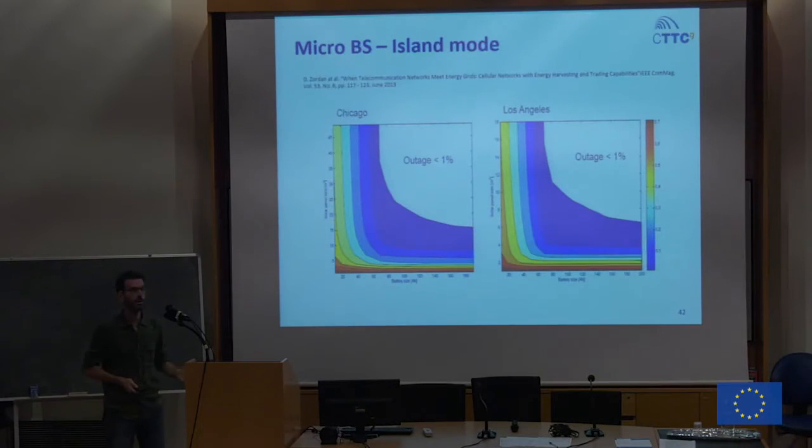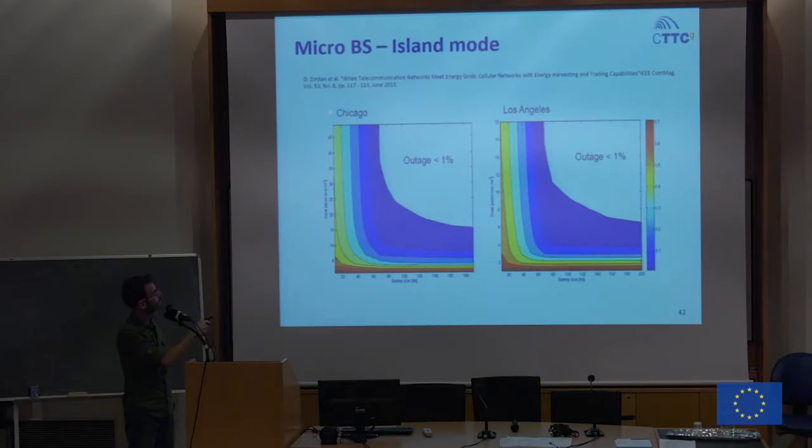In this paper, we take the traffic model from the EARTH project, and we decide to change the size of the solar panel and the battery size for different types of base station, and try to understand which is the correct size that is going to achieve an outage lower than 1%.